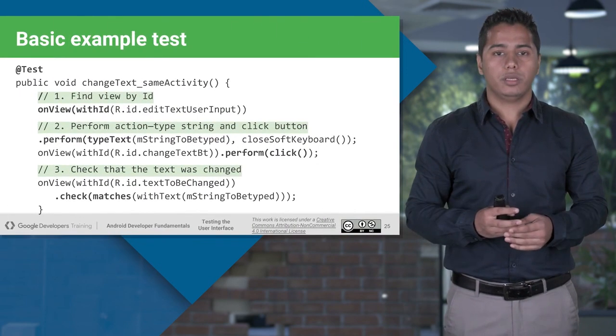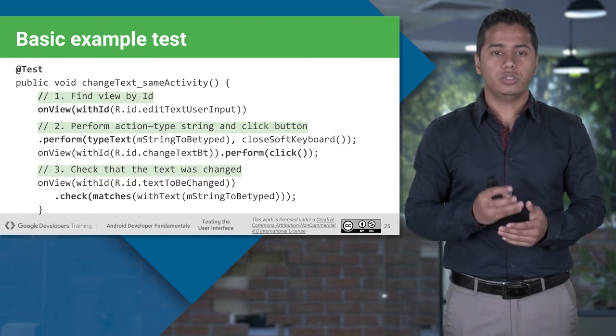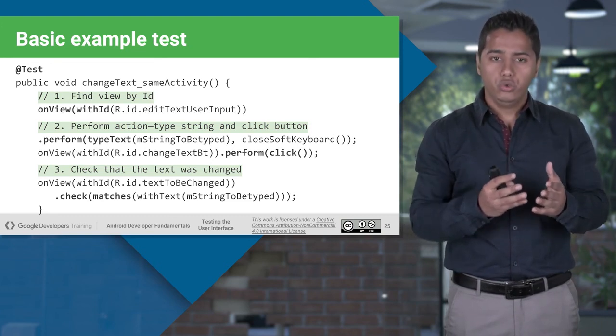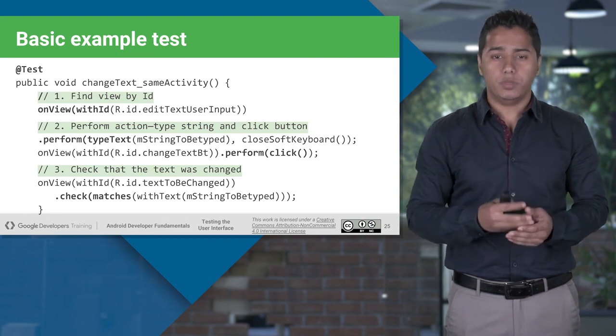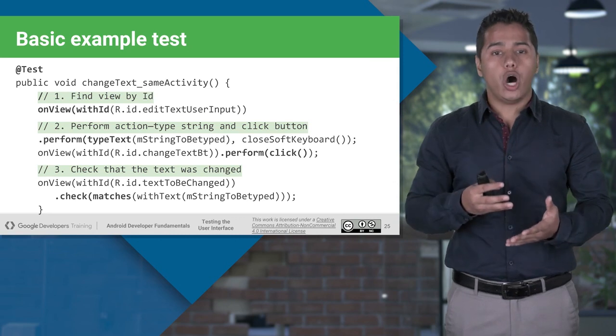So if you want to check a particular text or check a particular condition, you can use a statement like this: first you need to check which view you are talking about. Let's say onView with id R.id.textToBeChanged. That's the ID of my text view. And then there will be dot check.